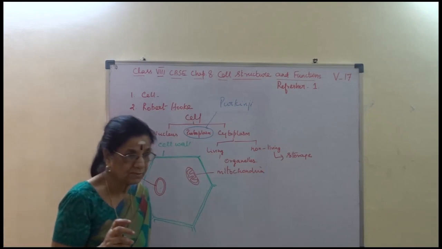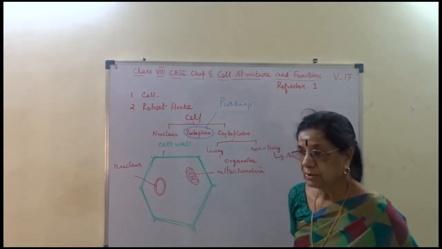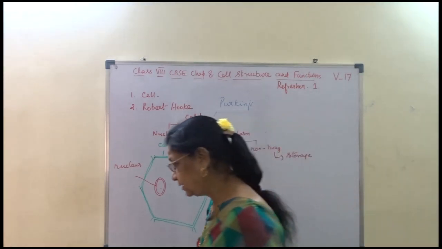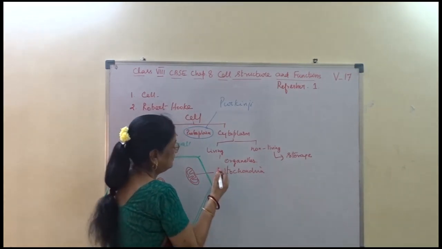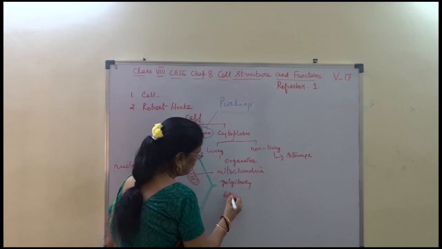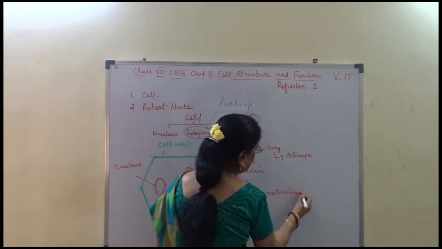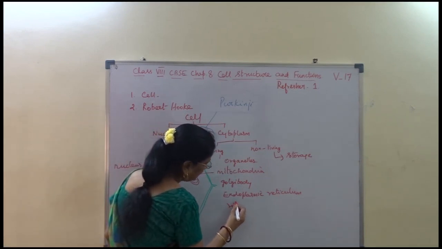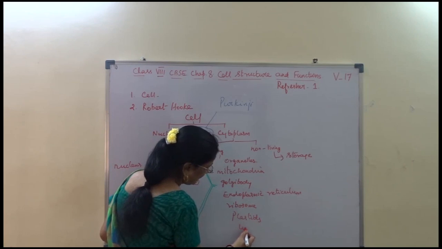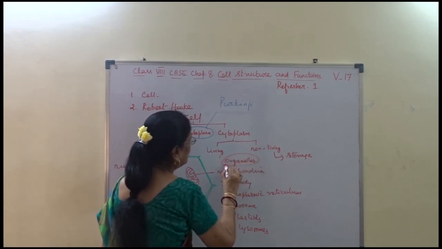So within the cytoplasm, when any structure is enclosed by a membrane, it is called an organelle. The membrane-bound structures found within the cytoplasm are called organelles. So the living inclusions, organelles, are mitochondria, Golgi body, endoplasmic reticulum, ribosomes, plastids, and lysosome.